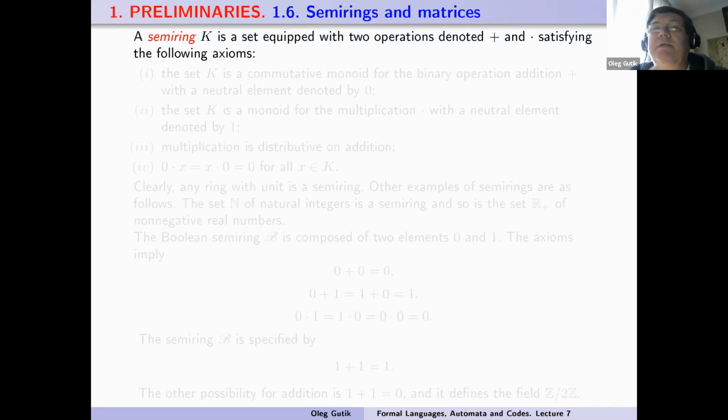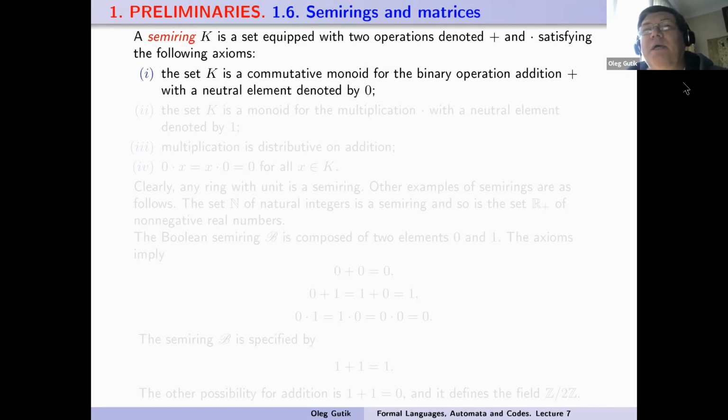A semiring is an algebraic structure which has the following properties. A semiring K is a set equipped with two operations, denoted by plus and dot, satisfying the following axioms.